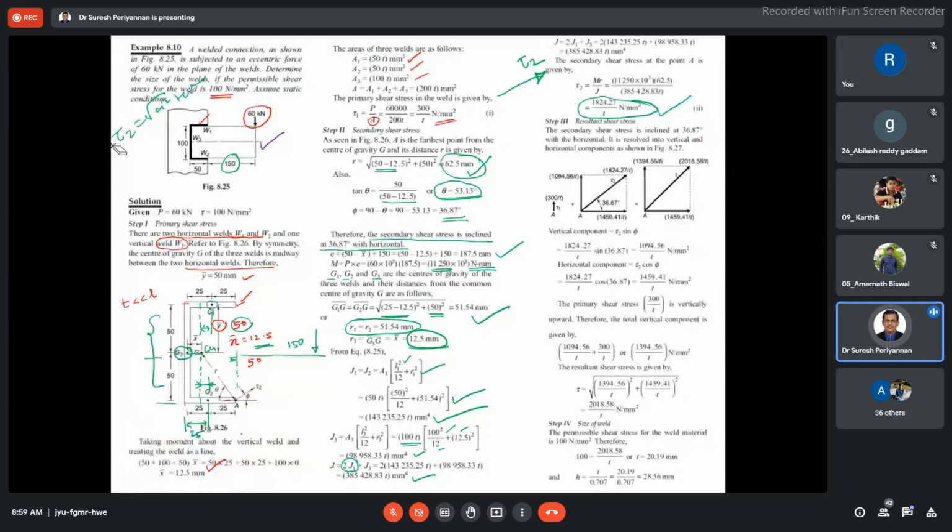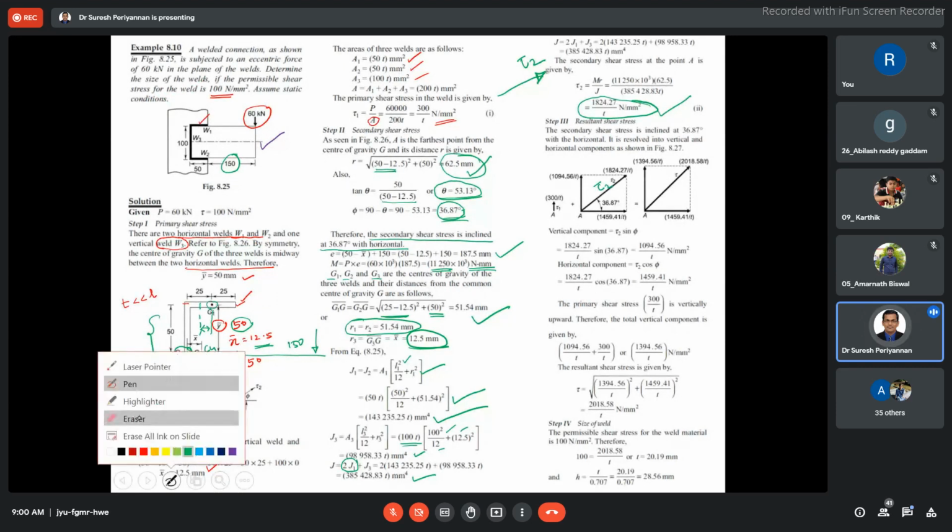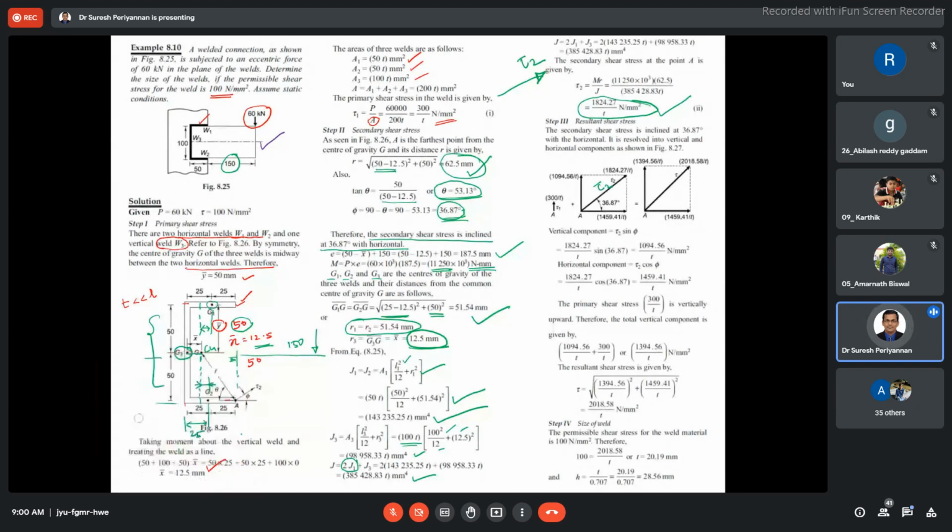Earlier case, but in this case the angle is given. The angle we have found, we have to use that to find our vertical shear stress component and horizontal shear stress component here. This is the tau 2 we have found. Now what is the horizontal component with respect to tau 2?